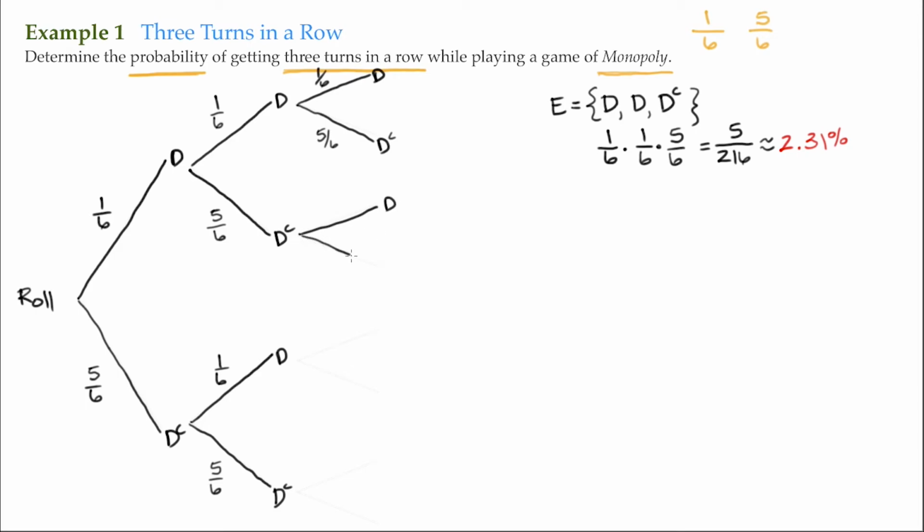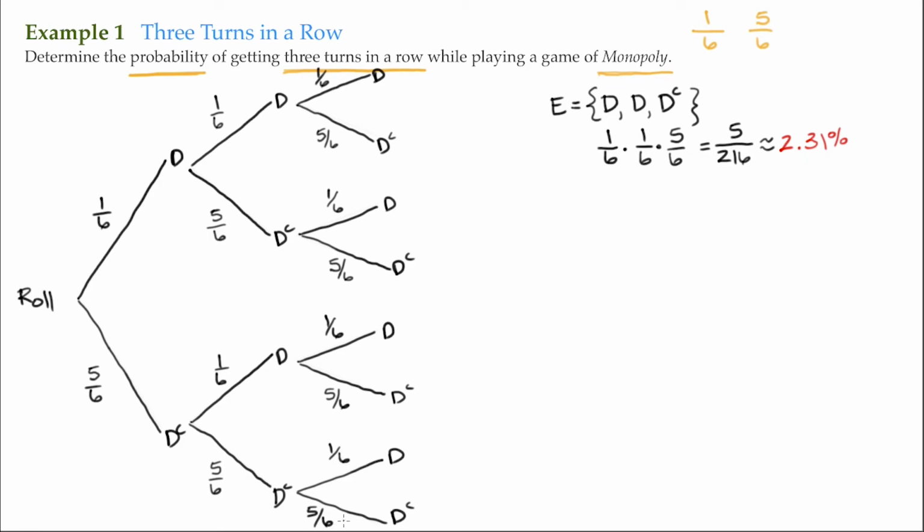Doubles, not doubles, and as you can see how the pattern continues. And the idea is we want to see all the possible outcomes described in the scenario. And then we're labeling it with the probability of those outcomes occurring.